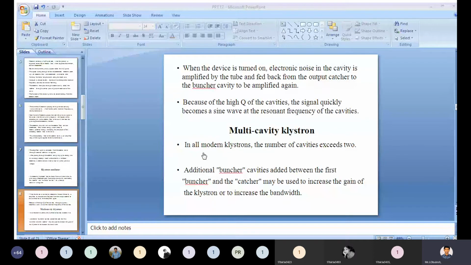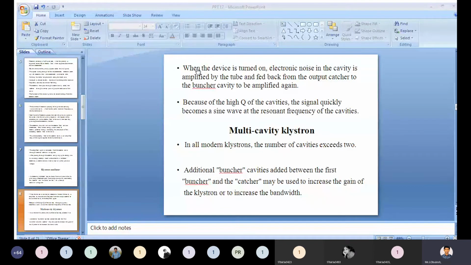After passing through the resonant cavity, they are reflected by a negatively charged reflector, or repeller, electrode for another pass through the cavity where they are then collected.